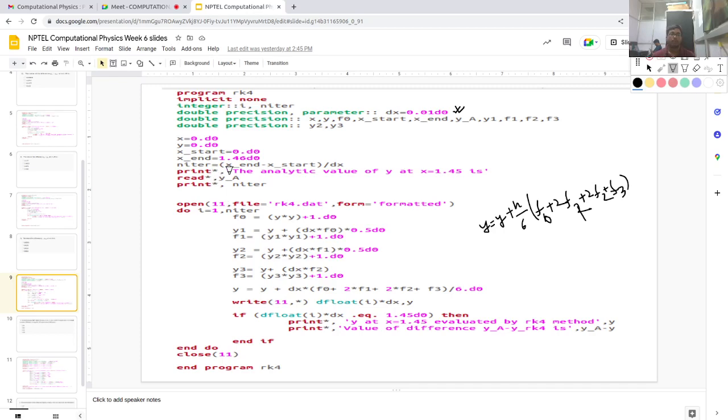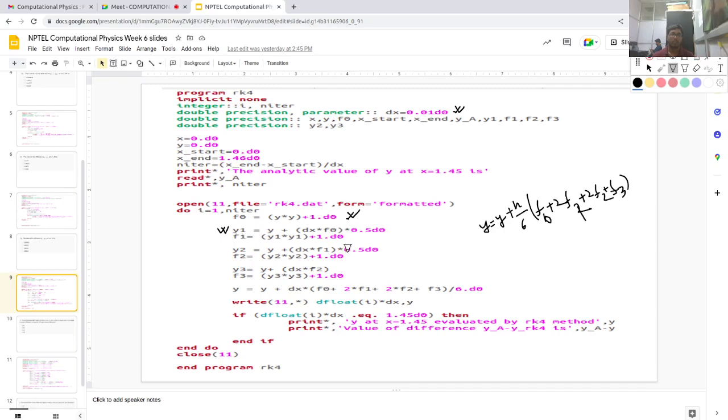So as before, I have defined all the initial conditions, and here look for the change in this program. Initially I have the value of y, and I am going to calculate f0 from that, and that f0 is used to get a value of y1, and that y1 is evaluated at a value of dx by 2, that means at x plus h by 2.